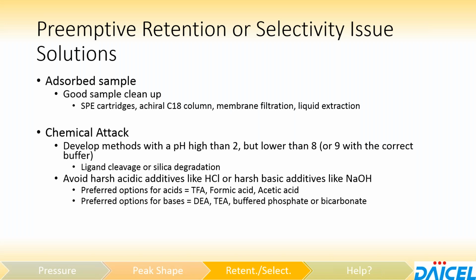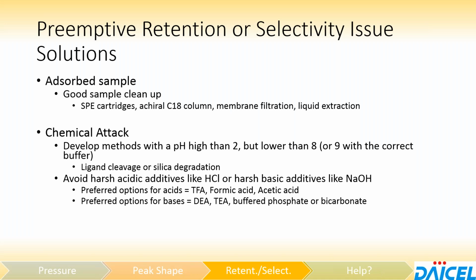Make sure that even if you are within the suggested pH range of 2 to 8 or 9, that you're not using harsh additives like HCl as an acidic additive or harsh basic additives like sodium hydroxide. We would recommend that you use for acids something like TFA or formic acid or acetic acid, much gentler on the column and much less likely to cleave the ligands or the polymer off the surface.